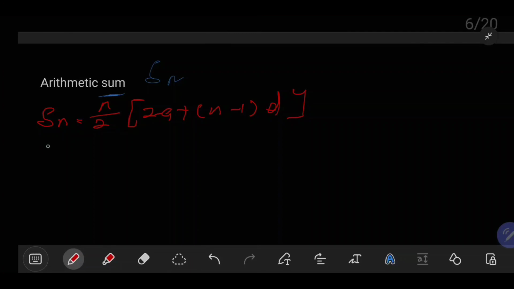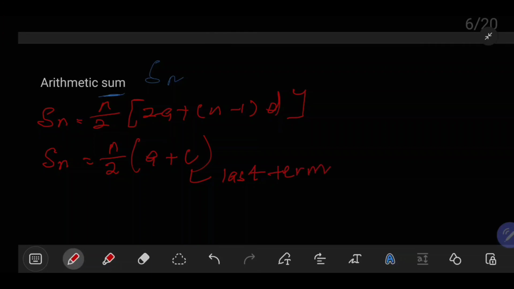Or we can also use this formula here: Sn equals n over 2 into a plus l. You can see that Sn stands for the sum, n is the position, a is the first term, and d is our difference. L in this case is the last term.